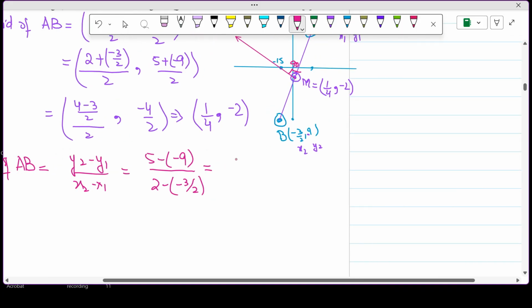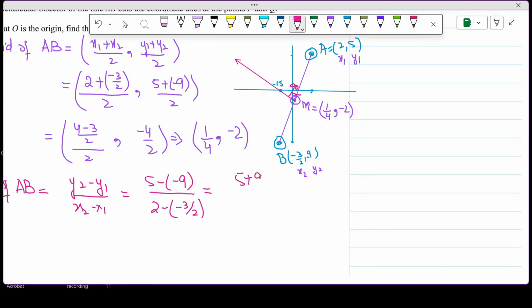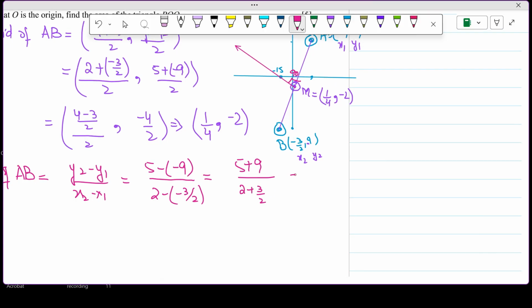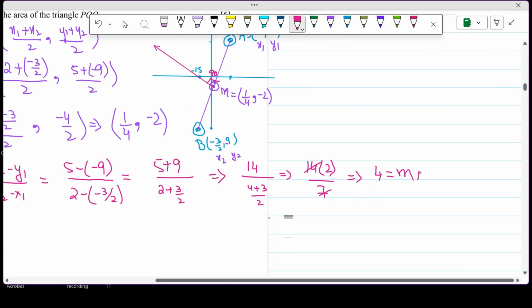So this one is equal to 5 plus 9 over 2 plus 3 over 2, which is 14 over 4 plus 3 over 2. So this one is equal to 14 times 2 over 7, and this one is equal to 4. This is the slope of line AB.